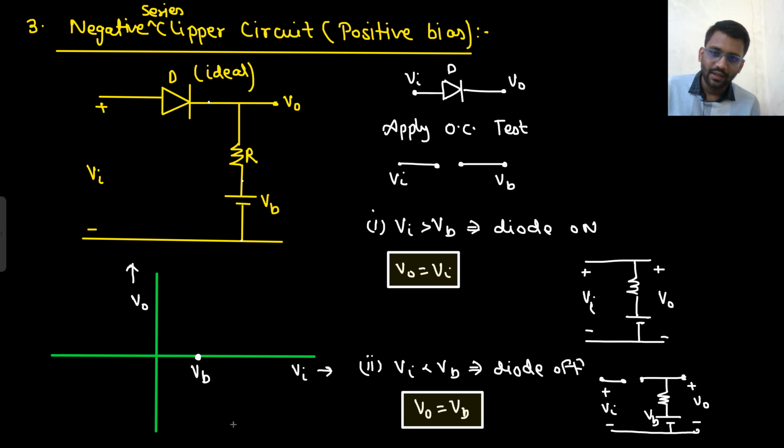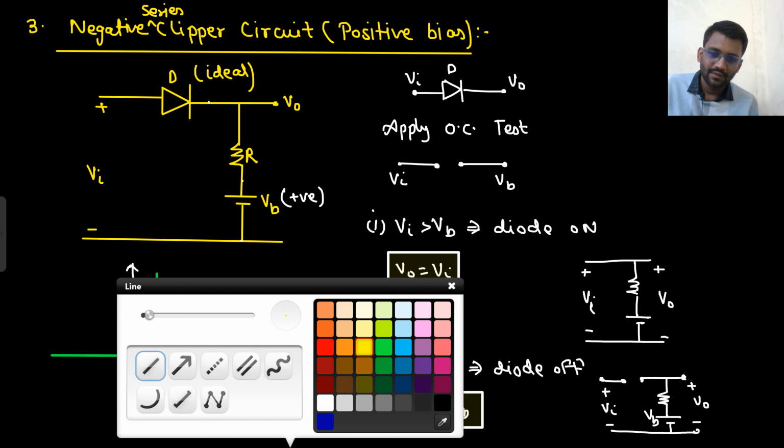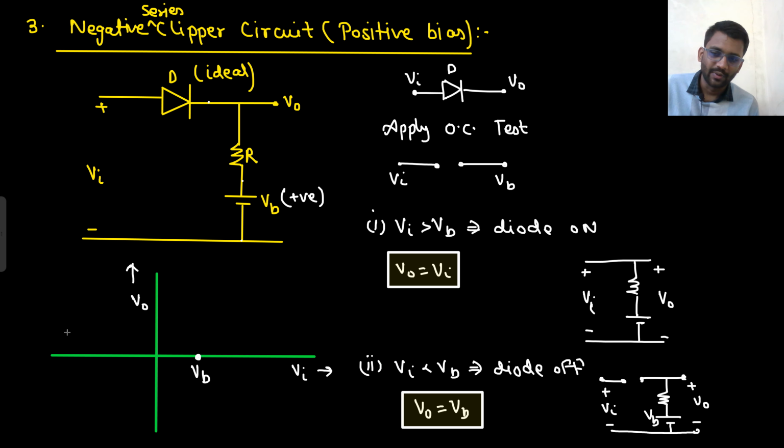I should have written here one thing, that VB is positive. We should consider this as positive. So for V in less than VB, your output is VB only. Till this point, it is VB only.